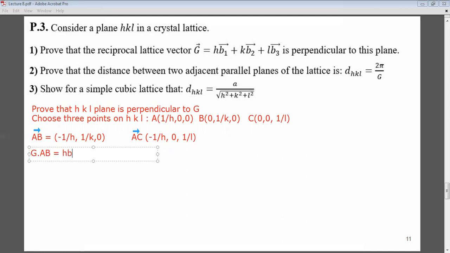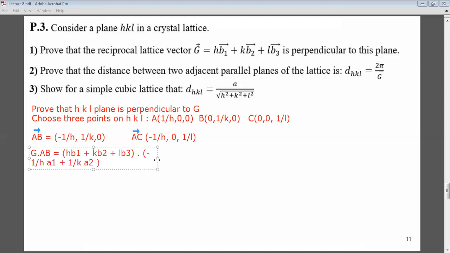It is (hb1 + kb2 + lb3) dot AB, which is (-1/h a1 + 1/k a2).